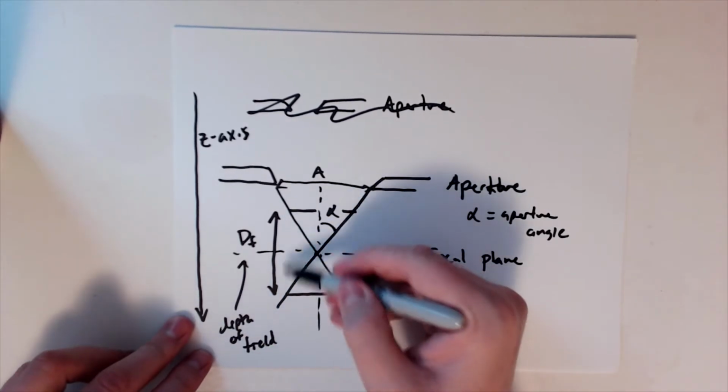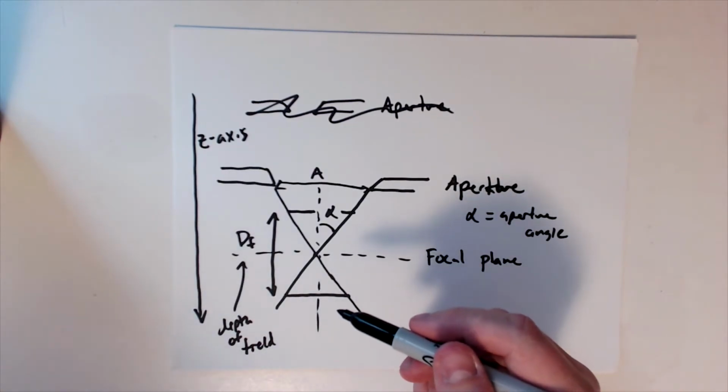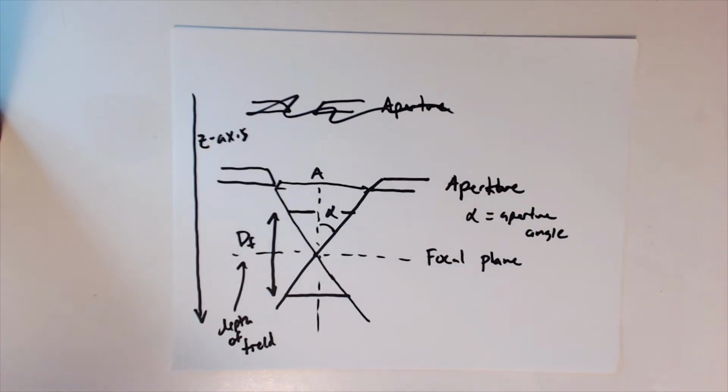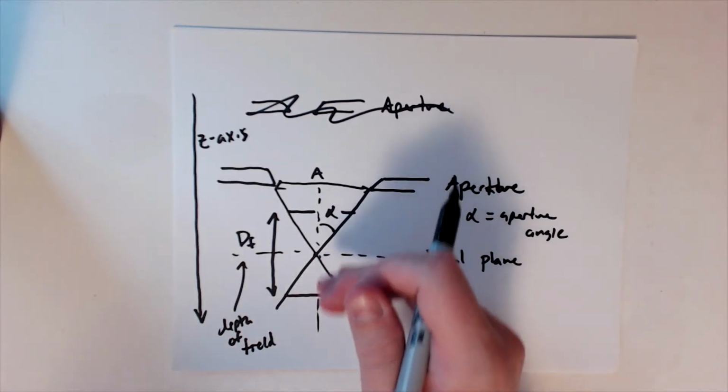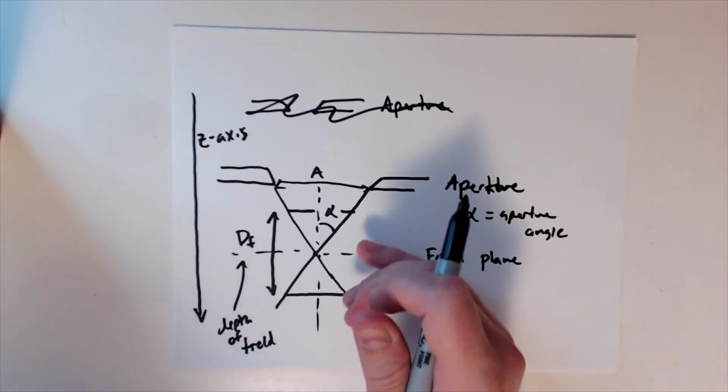Right? So this is the range of z positions over which the image remains sharp, right? And it's sharp because of those limitations of resolution, it doesn't matter if we get exactly in the focal plane, but there is a little bit of wiggle room.